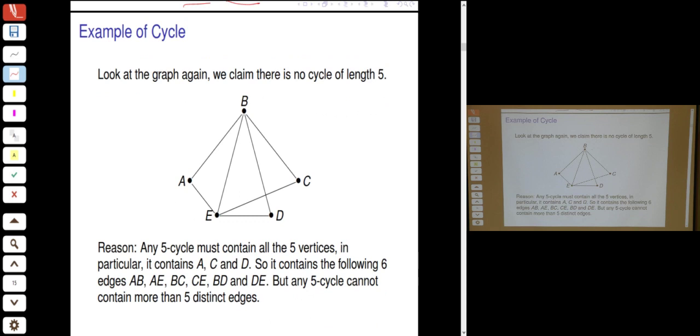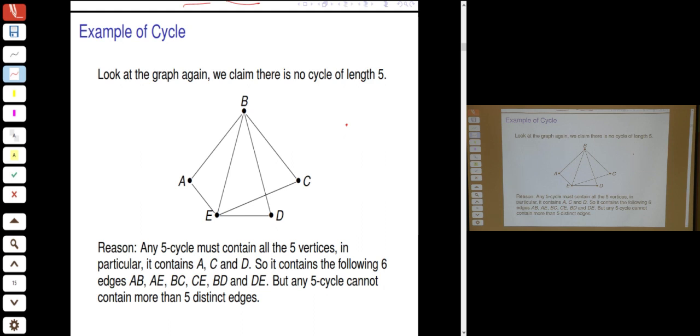So here is another example. You look at the same graph. We claim that there is no cycle of length 5. What is the reason behind that? If your cycle has length 5, then of course the starting and the ending vertex has to be the same. The length of a cycle is the number of edges, right?